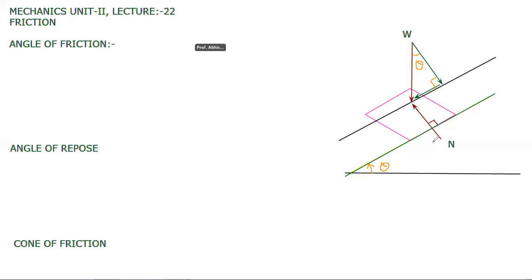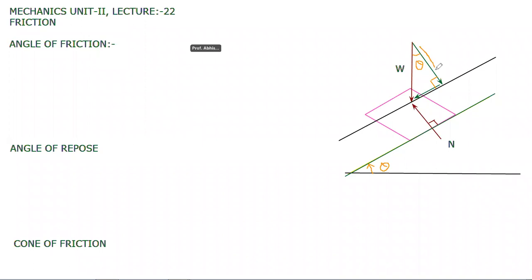Now, after splitting W, you know that sine of theta is equal to opposite upon hypotenuse. For this triangle, your hypotenuse is nothing but W. Cos of theta is equal to adjacent upon hypotenuse.